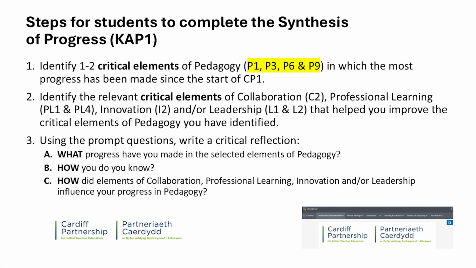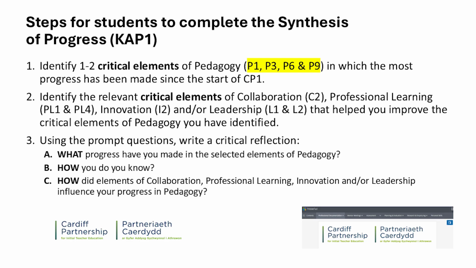So here are the steps that the student teachers follow when they're completing the synthesis of progress. For KAP1, we ask them to identify 1 to 2 critical elements of pedagogy, so P1, P3, P6 and P9, in which the most progress has been made since the start of CP1. It would be a lot of information for them to reflect on every single element of the professional standards.